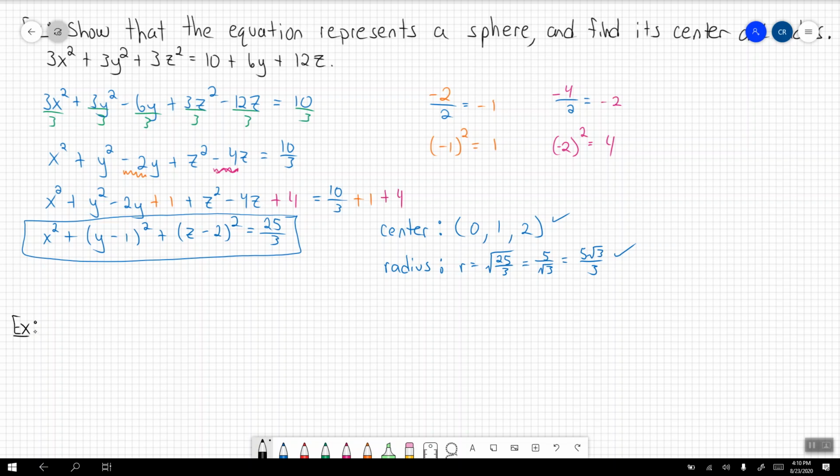And on this example here, we want to describe the sets of points defined by the following conditions.